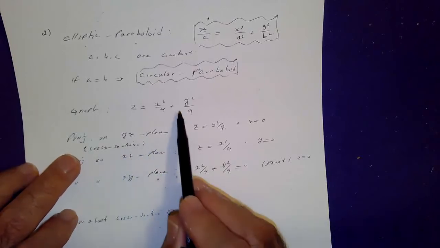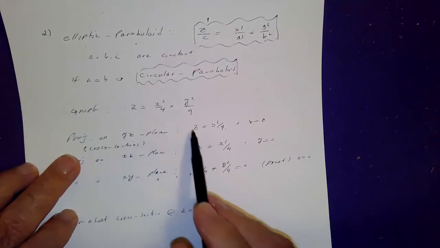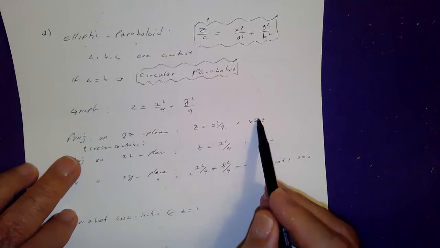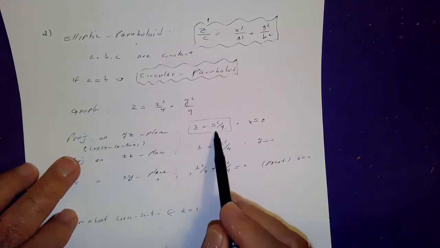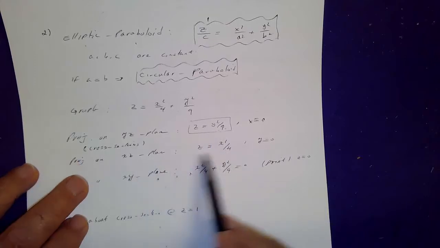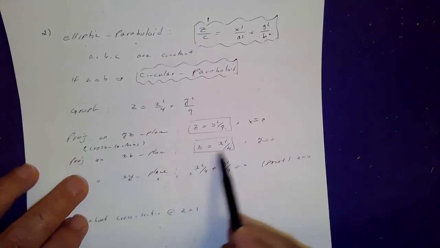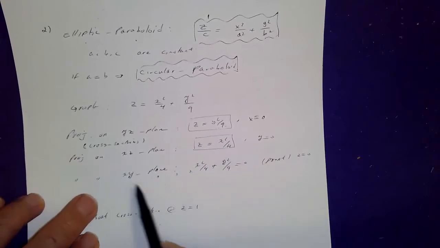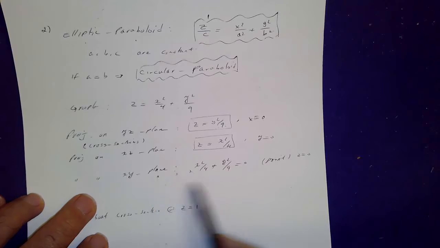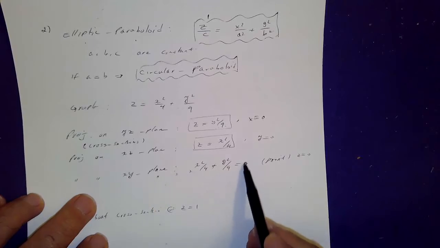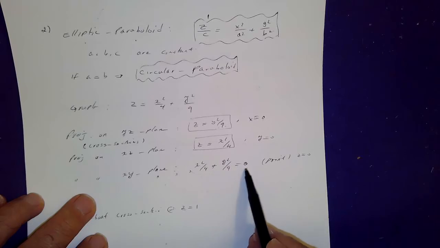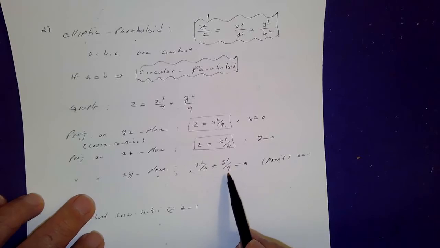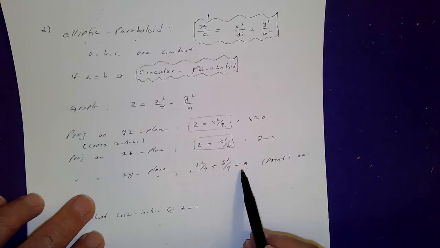Once again, the cross-section of the surface with the yz plane, that is, set x equal to 0, you get this. What is the graph of that? It's a parabola. With the xz plane it's a parabola as well, okay? With the xy plane, it's just a point, because x squared over 4 plus y squared over 9 equals 0. Only a point, meaning the origin, will satisfy this.